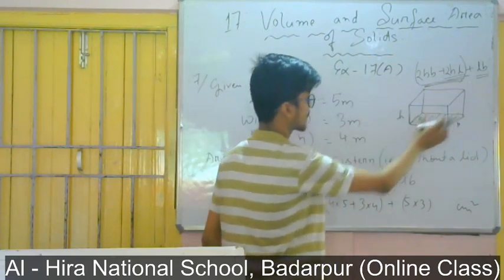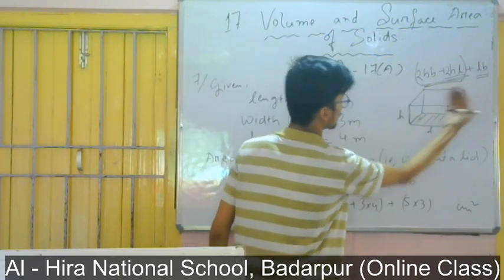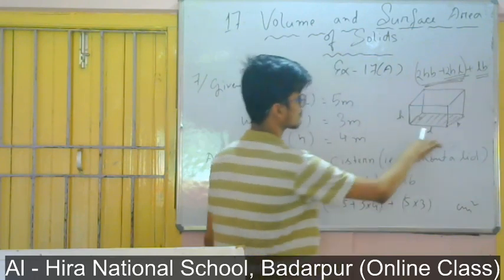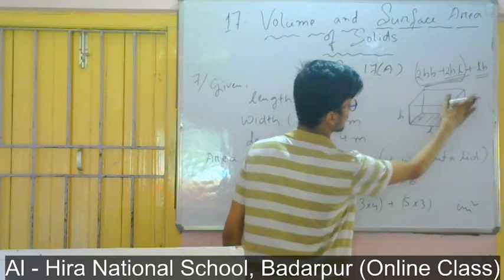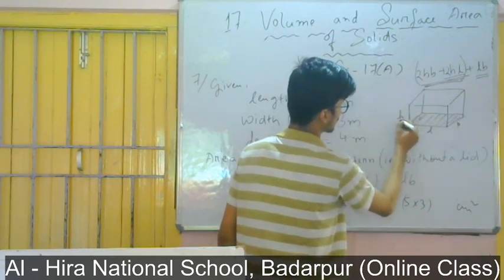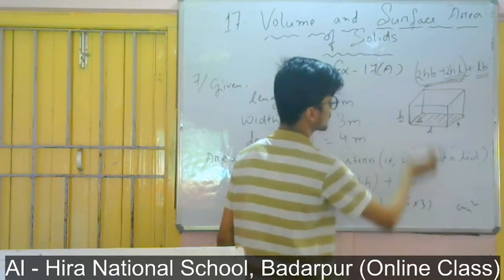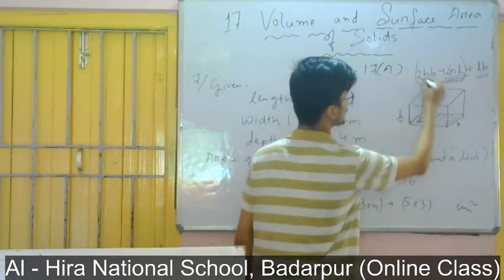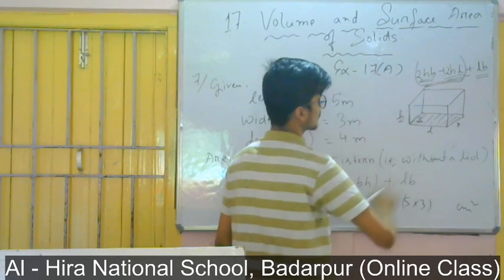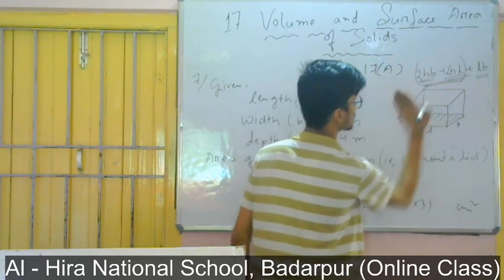Now it became clear that first of all I am finding the area of the 4 wall, which is equals to, here I am finding it for this side and that side. So here one side measure H and another side it is B, that means area will be H into B, and 2 times this side and this side same, that means 2 times H into B. And then I am finding the area for this front side and the back side.